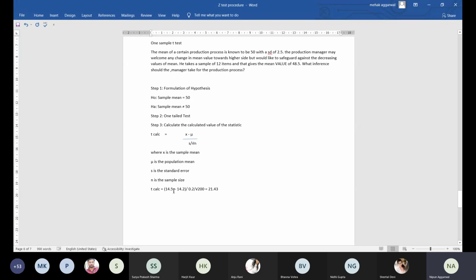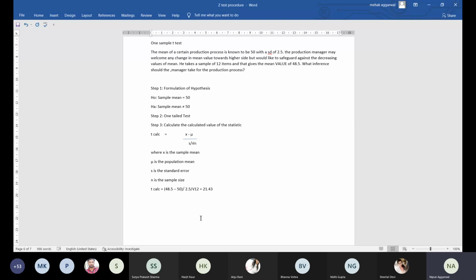So T calculated is 48.5 minus mu, which is the population mean of 50, divided by the standard deviation 2.5, divided by under root of 12.